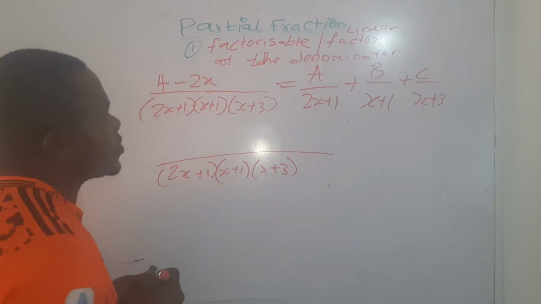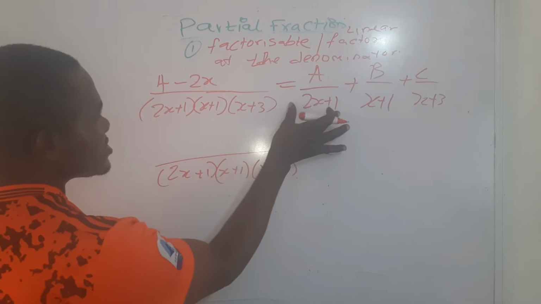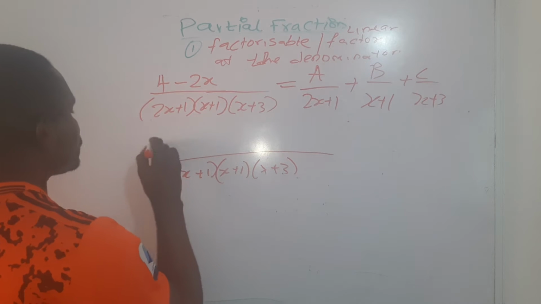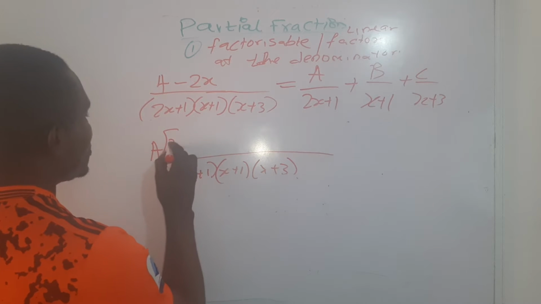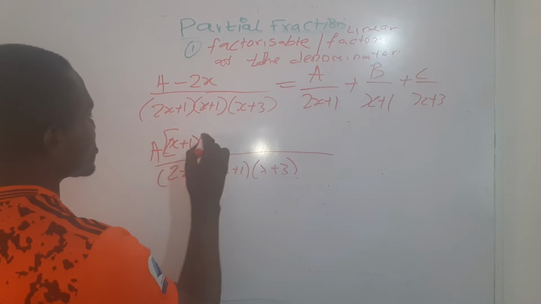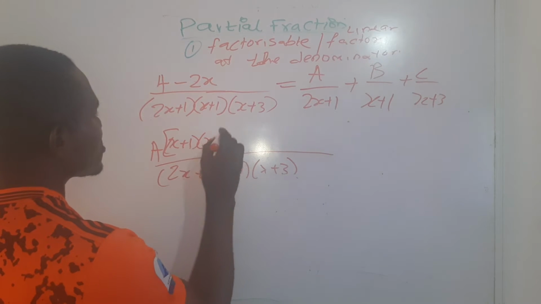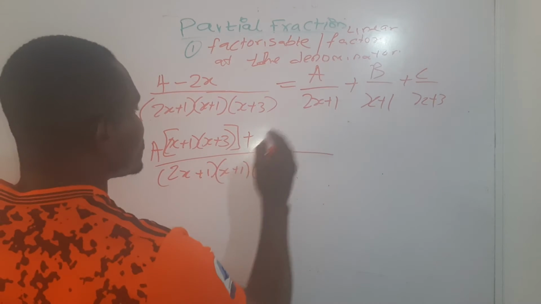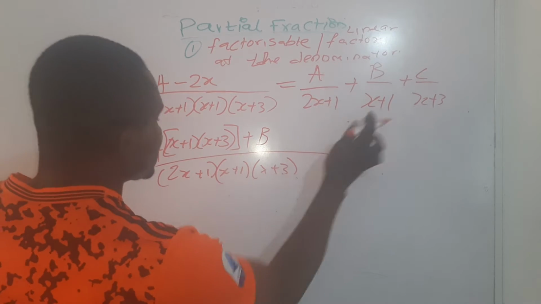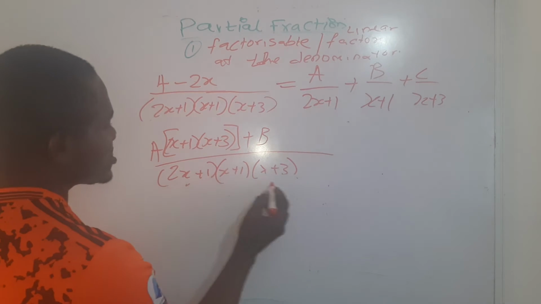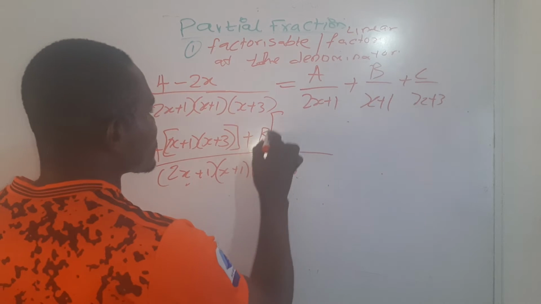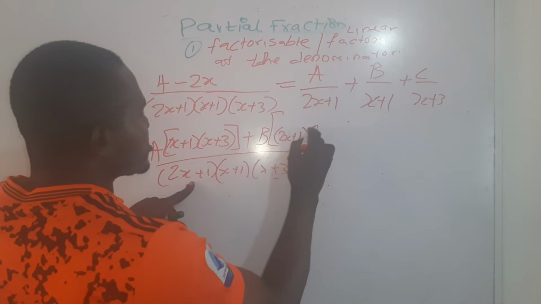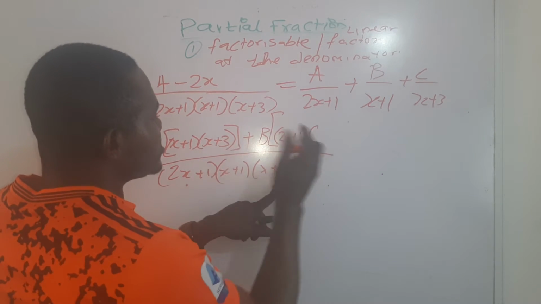So then what we now have is that when this cancels this, you are left with these two. So multiply by a, it will be a into s plus 1, s plus 3, close the bracket. The sign here is plus, that is b now. So when this cancels this, under b you are left with this and this, which is 2s plus 1 and s plus 3, because this has taken away this.